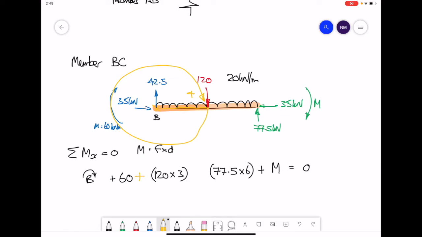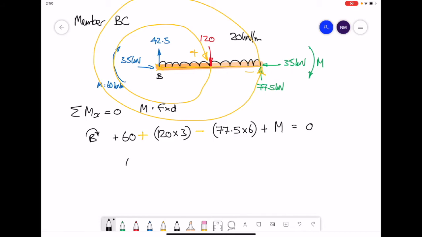The 77.5 on the end of the beam, again hold it on a piece of string. You're holding the string at point B, slightly longer piece of string. How would that 77.5 kilonewtons rotate around point B? It would want to rotate around in an anti-clockwise direction, therefore is a negative moment.